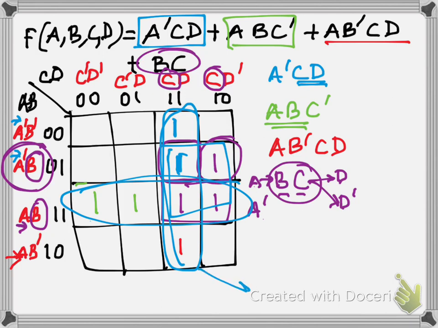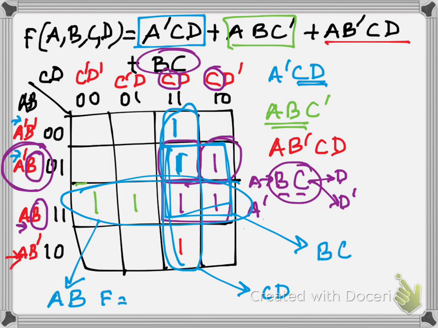So from this column of 4 I get CD. From this row of 4 I get AB, and from this square of 4 I get BC. So my function f now can be written as AB plus CD plus BC. So this is another way of filling up your Karnaugh map in a little bit shortcut manner.